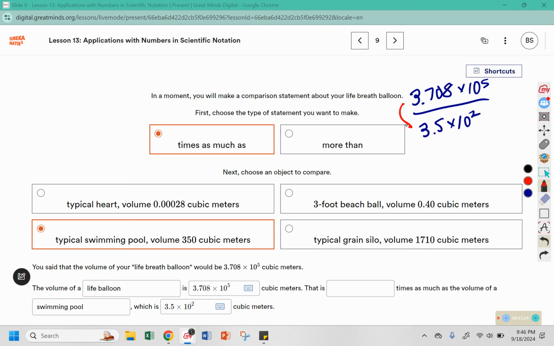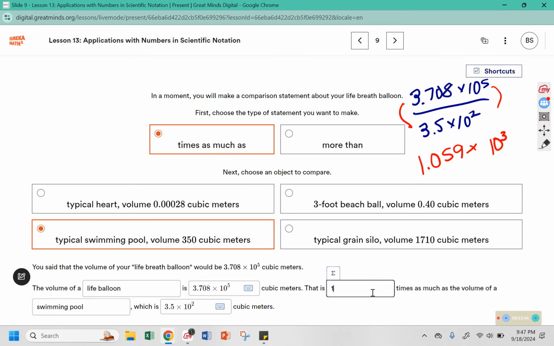Remember, we are going to divide the initial values and subtract the exponents. 5 minus 2 is 3. And when we divide 3.708 by 3.5, we get approximately 1.059 times 10 to the third, that would move the decimal 3 spots. So that wants it in standard notation here, because we don't have that little feature to add the scientific notation.